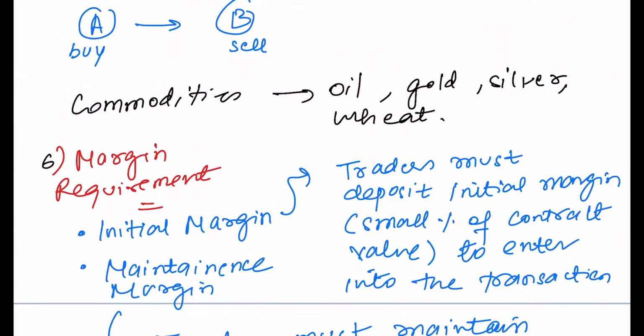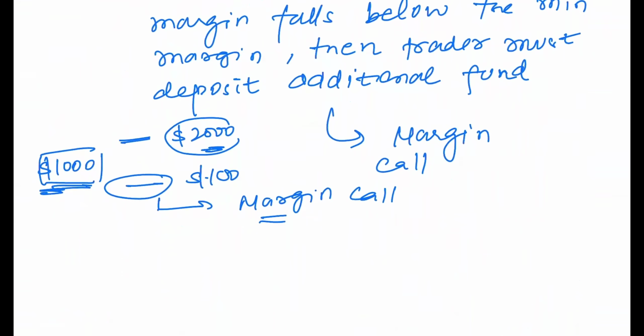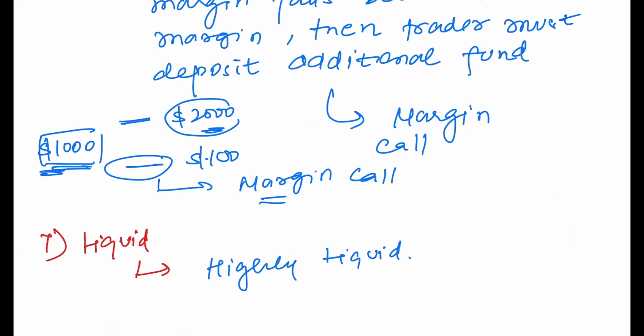Sixth is the margin requirement. And last, future contracts are highly liquid, because they are traded at the exchange.